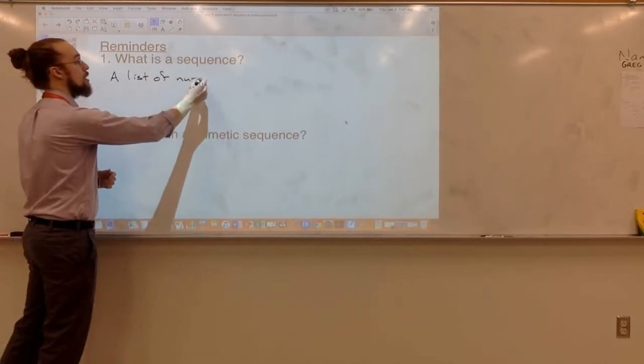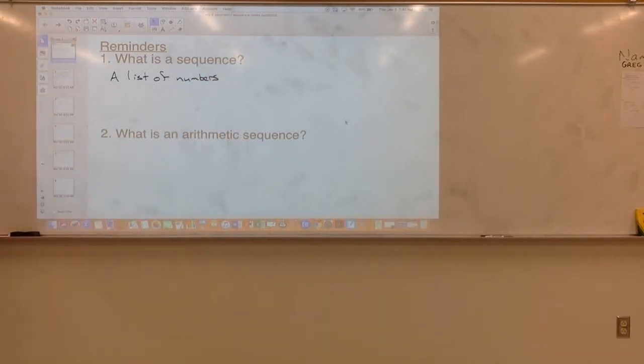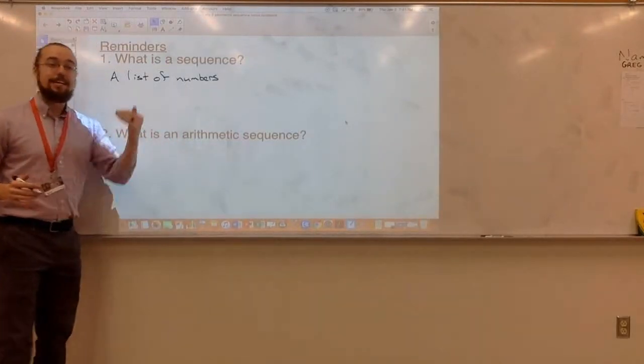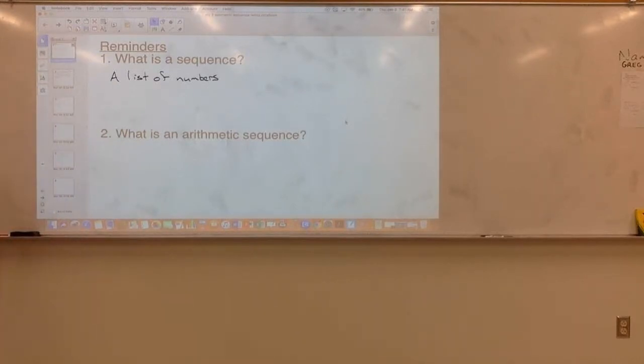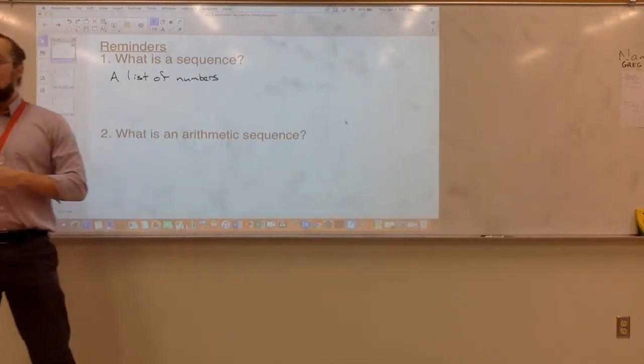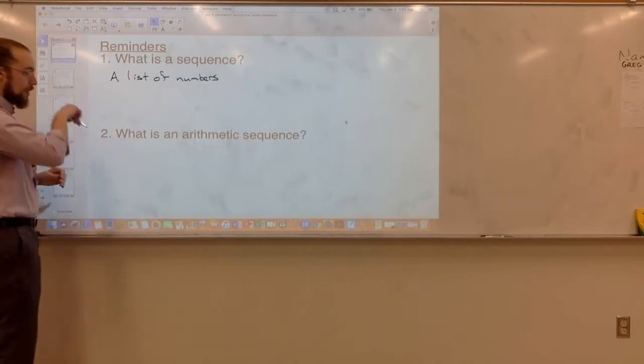Then we talked about one specific type of sequence, an arithmetic sequence. In an arithmetic sequence, to get the next number, we added the same number every time, right? Like 1, 3, 5, 7, 9 is an example of an arithmetic sequence where we're adding 2 every single time to get the next number.